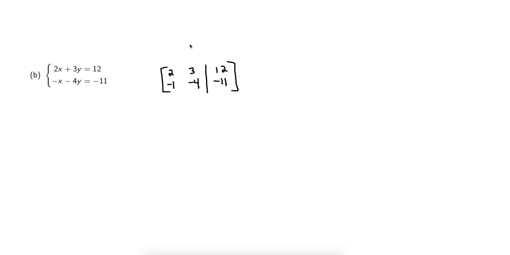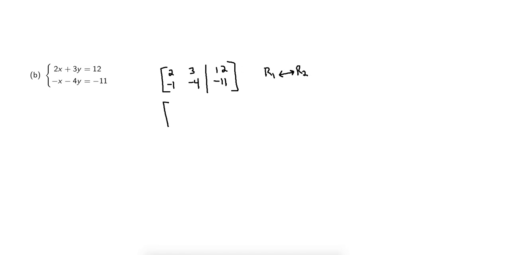If we multiplied everything in the first row by a half, we would have a fraction here. And if we want to avoid working with fractions, what we can do instead is switch these first two rows. So let's try doing that just to see that one in action. Row number 1 and row number 2, we're going to switch them.